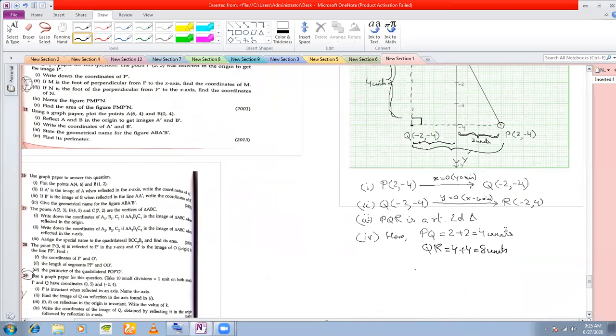Therefore, area of triangle PQR is half into base into height, half into 4 into 8. So this is 16 square units.